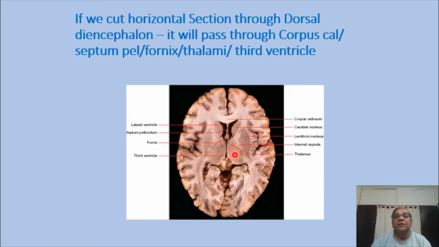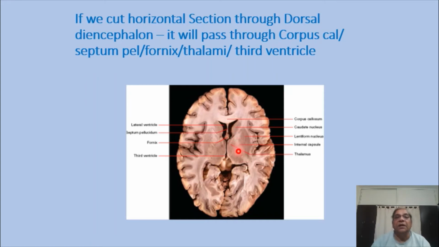For the right thalamus, this will be the medial surface, which is facing towards this slit-like space, the third ventricle, and this is the lateral boundary of the thalamus, which is in connection with this band of white matter called the internal capsule.